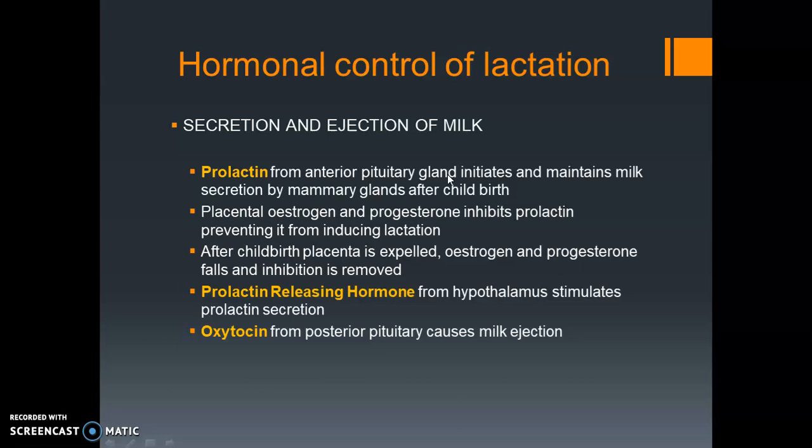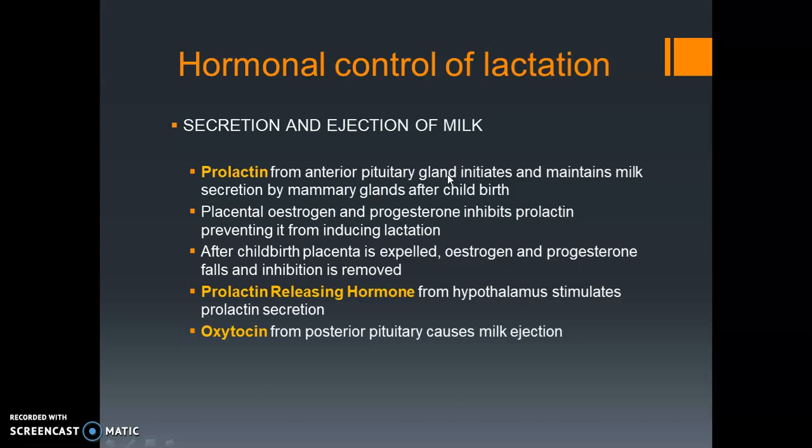I told that during the later stages of pregnancy, the mammary gland undergoes full development, differentiation and functional development, and the alveoli, that is, the secretory cells in the mammary glands, are developing during the later stages of pregnancy. But secretion of milk will not take place until childbirth.